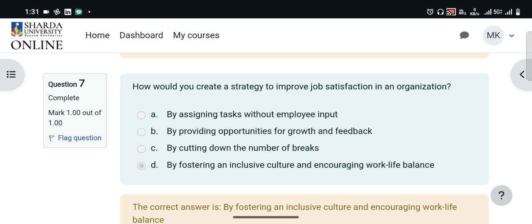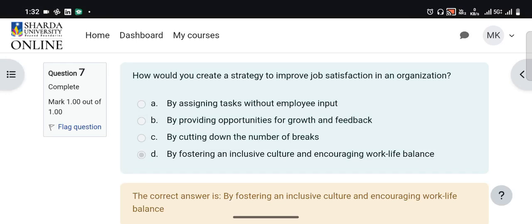Option C. By cutting down the number of breaks. Option D. By fostering an inclusive culture and encouraging work-life balance. The correct answer is by fostering an inclusive culture and encouraging work-life balance.